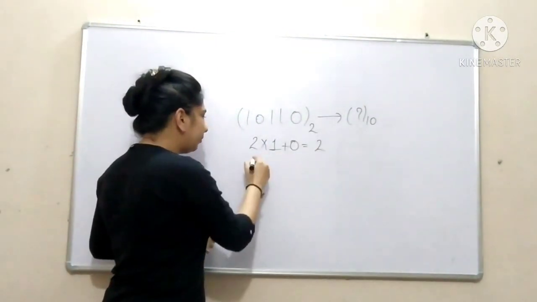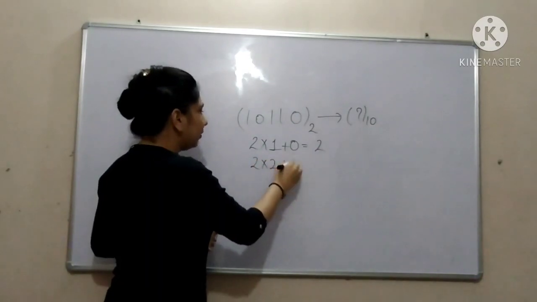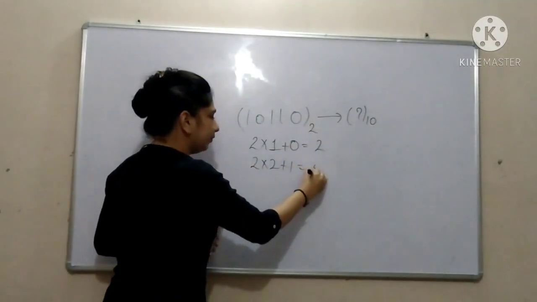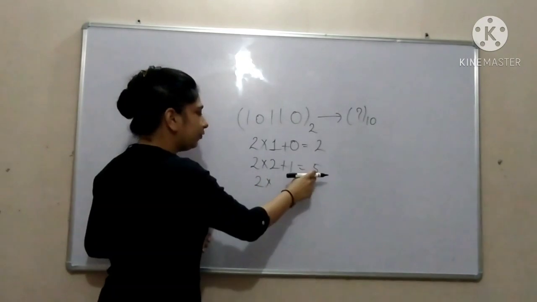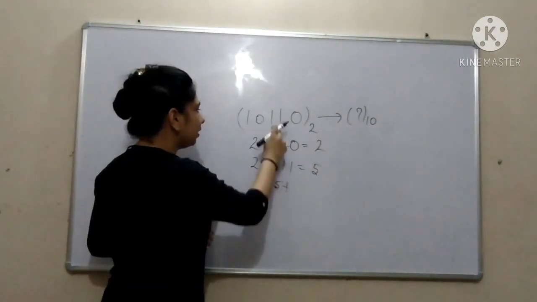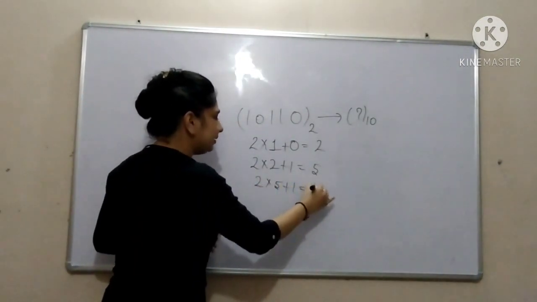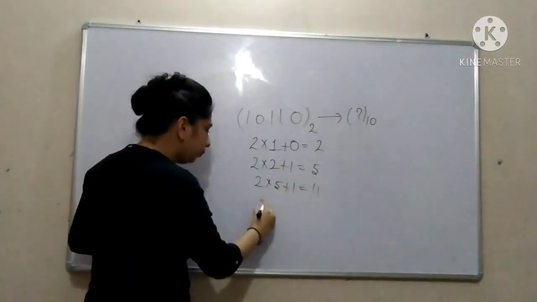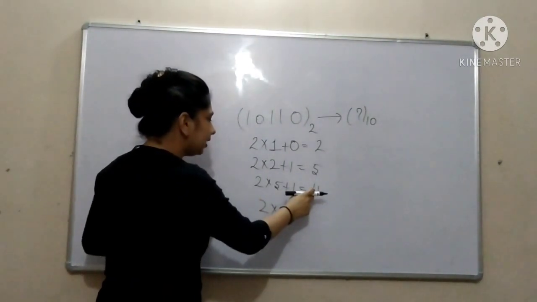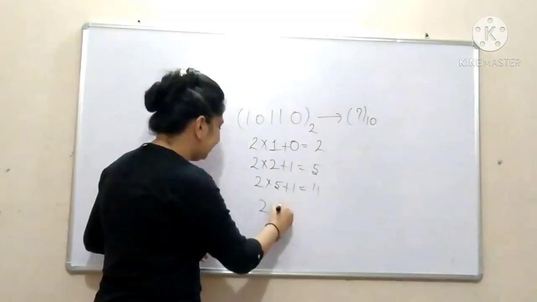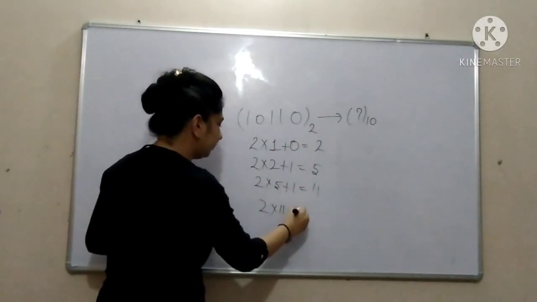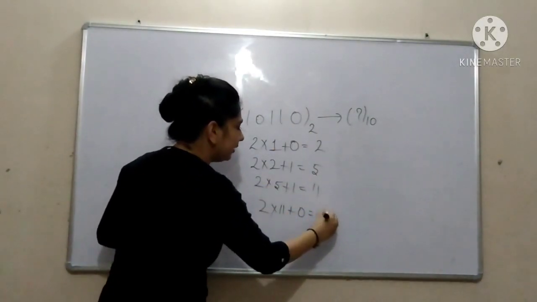So it is 2 multiplied by 2, plus 1, 5. 2 multiplied by 5, plus 1, it is 11. Okay, 2 into 11, output 22. 11 plus 0. It is equivalent to 22.